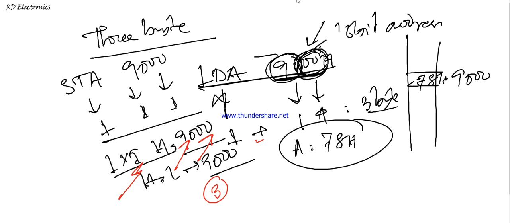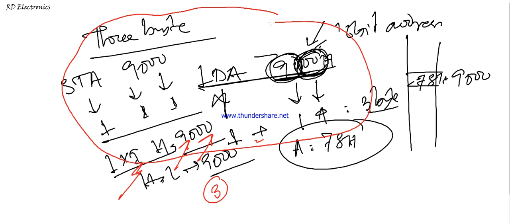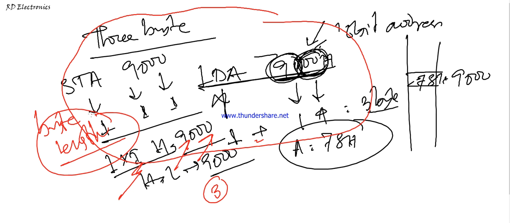So in today's class, different types of instructions are available in 8085 depending on what? Not the operation type; this depends only on the number of bytes, the byte length. There are basically 3 types of instructions, and in the previous lecture we discussed the different types of instruction depending on the operation.